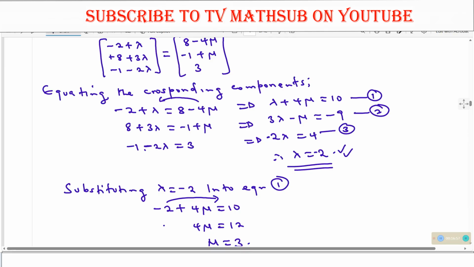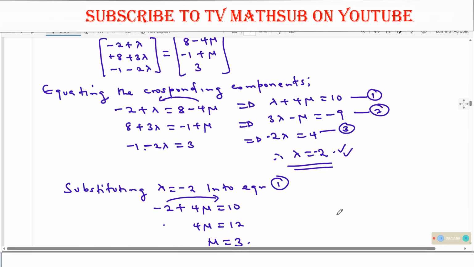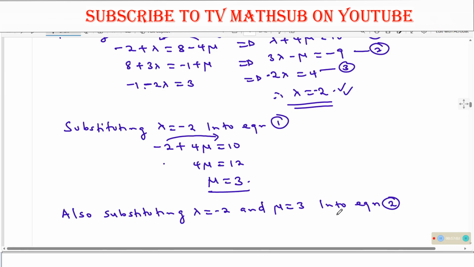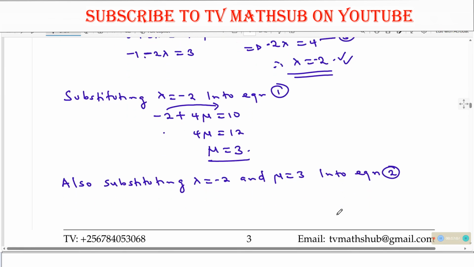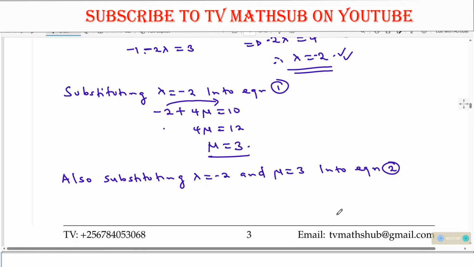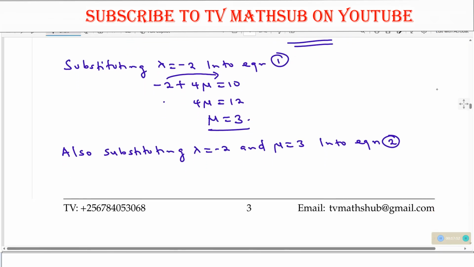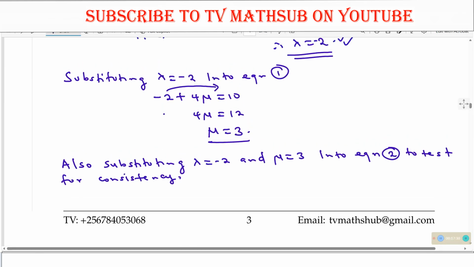Equation number 2 will help you confirm whether these values are satisfying that component equation as well. So let us substitute that into equation number 2. Basically, you are trying to test for consistency, meaning that lambda and mu that you have got must be in a position to satisfy that equation.